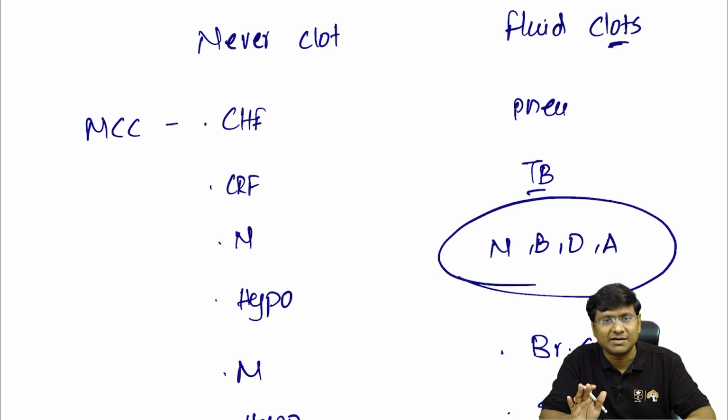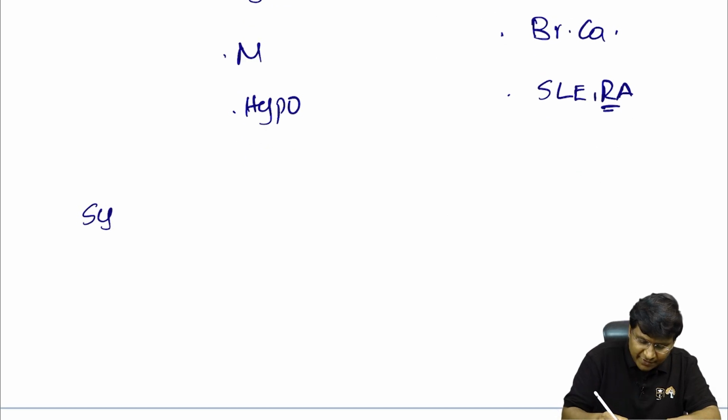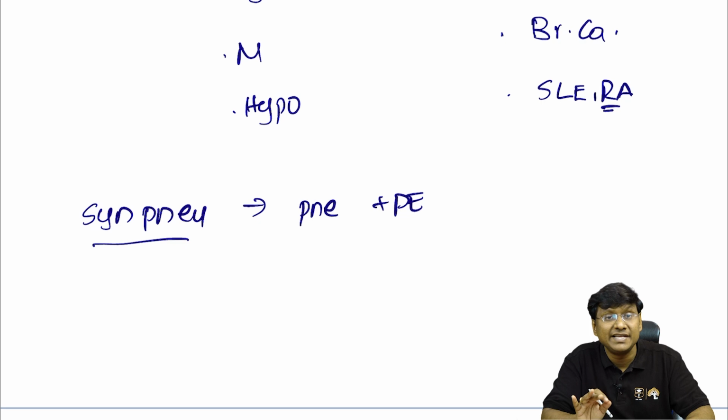These are all the etiologies that cause the exudative type of pleural effusion. And we have some terminologies called parapneumonic effusion. Parapneumonic effusion is when, along with pneumonia, there is presence of pleural effusion.